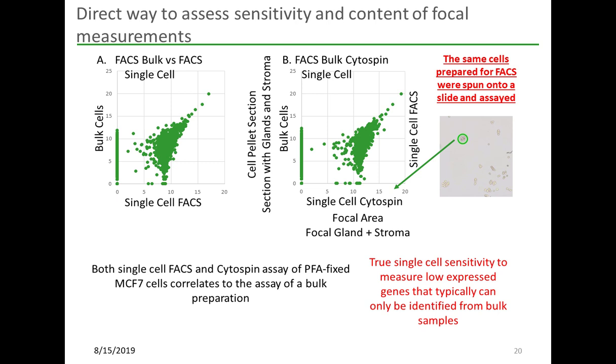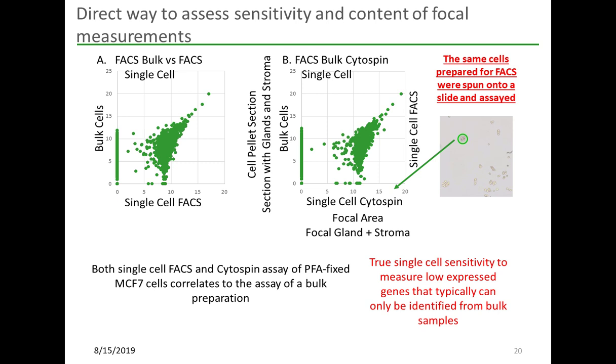You can take a cytospin and ask then whether the focal spatial profiling method also has single cell sensitivity. And so this is taking a single cell using a 30 micron diameter aspirate of that single cell. And you can see that it gives the same single cell results as being able to see low expressed genes that you can see from the bulk sample.